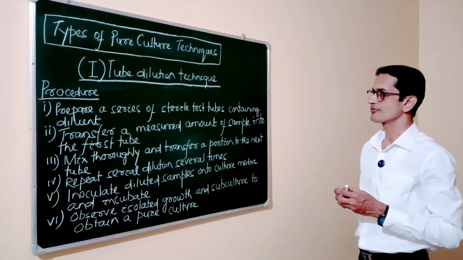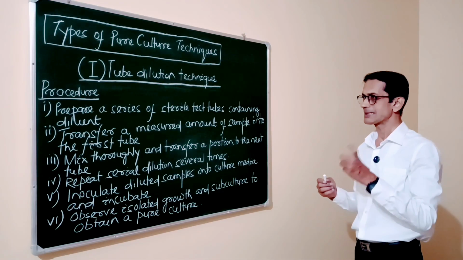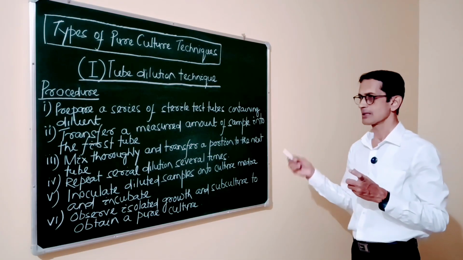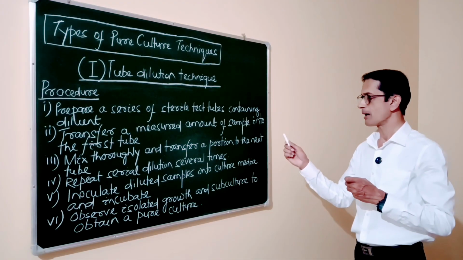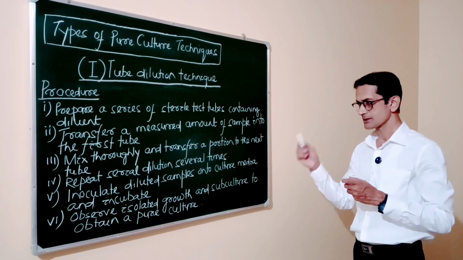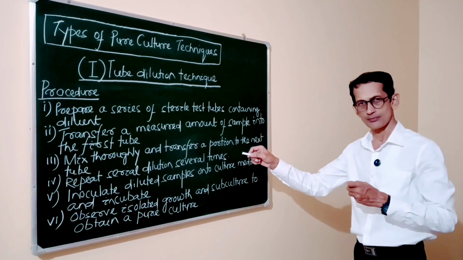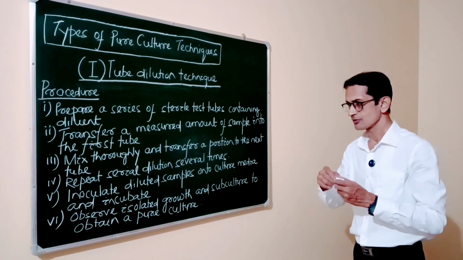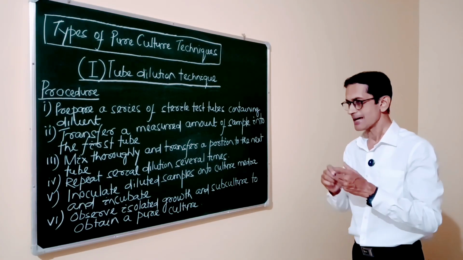So the procedure of tube dilution technique starts with: prepare a series of sterile test tubes containing diluent, transfer a measured amount of sample into the first tube, mix thoroughly and transfer a portion to the next tube, that we discussed just now with that diagram.